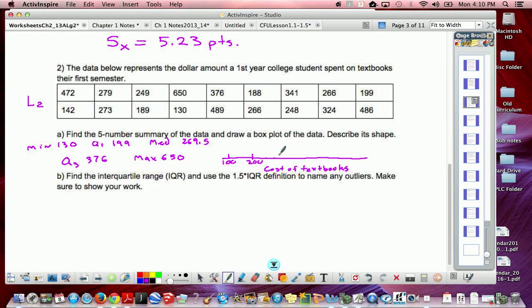So 200, 300, 400, 500, 600, 700. So my min was 130, my max was 650, so my Q1 199, median 269, Q3 was 376. So now we can definitely see with this one a big tail to the right. So we would say that it is skewed to the right.